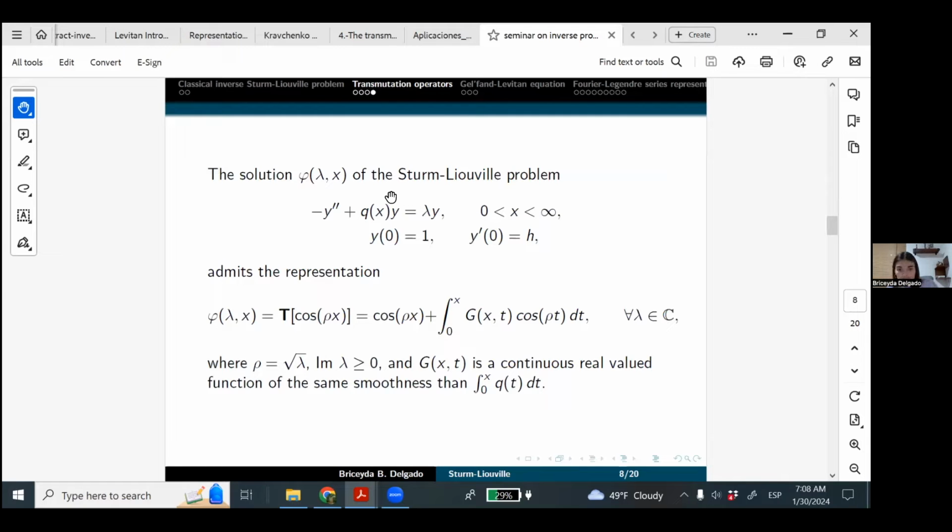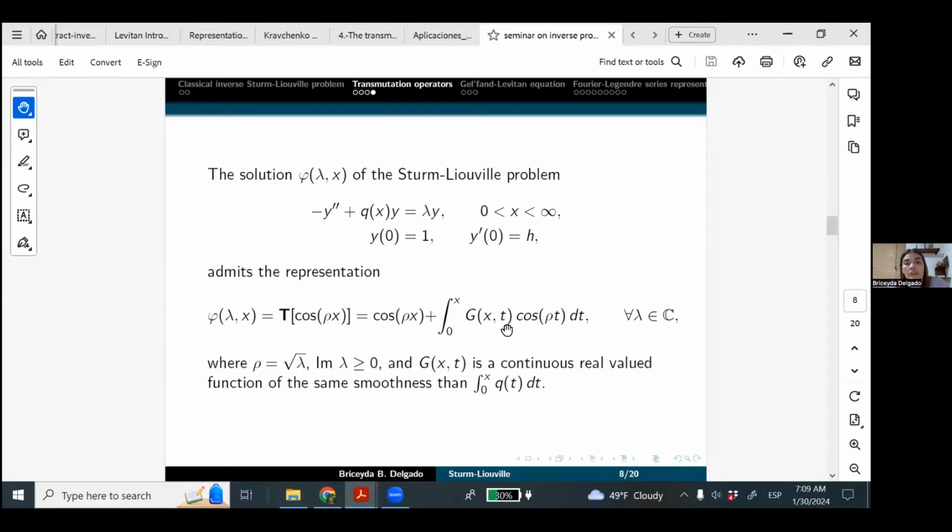The solution phi that we saw at the beginning for the Sturm-Liouville problem, here I repeat the Cauchy problem, admits the representation: the solution phi can be written as the transmutation operator applied to the cosine function, evaluated at the square root of lambda, the spectral parameter, multiplied by x.